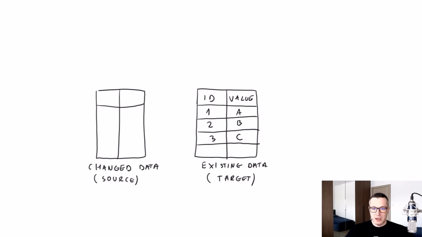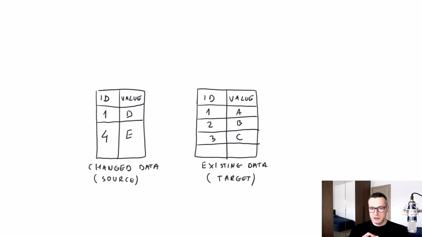It might not be the case in real life, but just to explain how merge works, that is fine. So we've got the ID and value columns. In this changed data, in our source data set, we've got only two rows: a row with ID equal to 1 and the value D, and a row with ID 4 and the value set to E. And we want to grab this data and merge it into our target table.